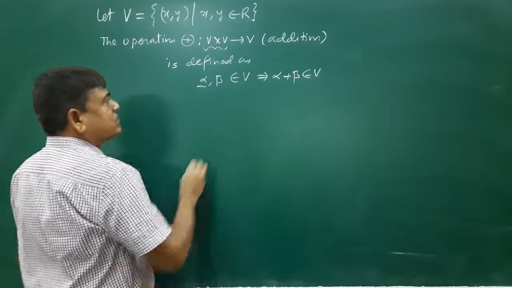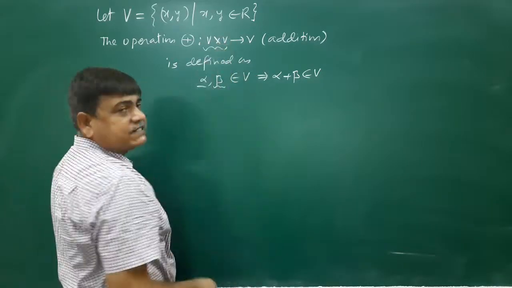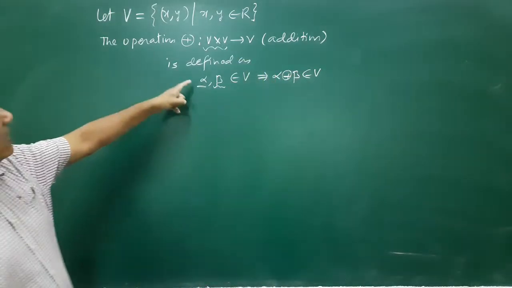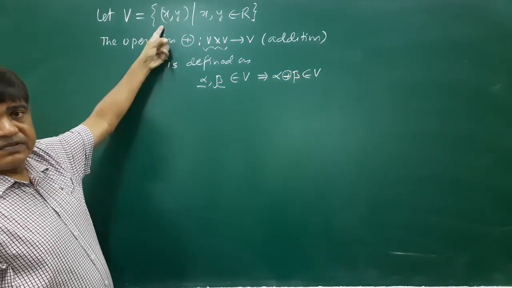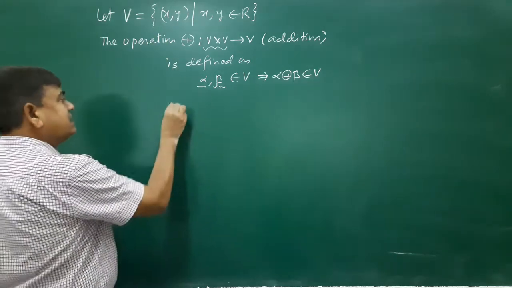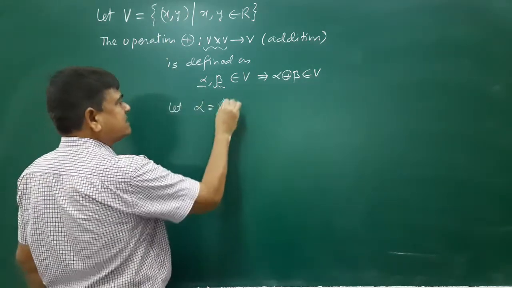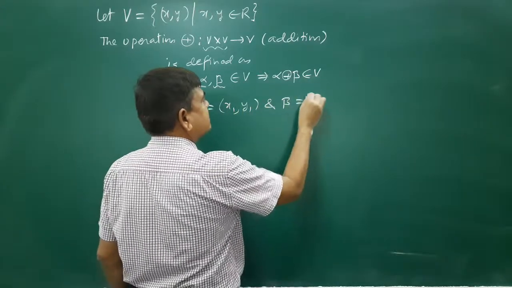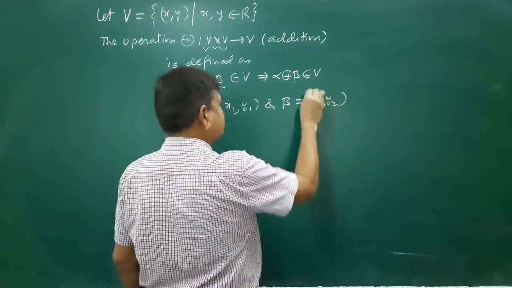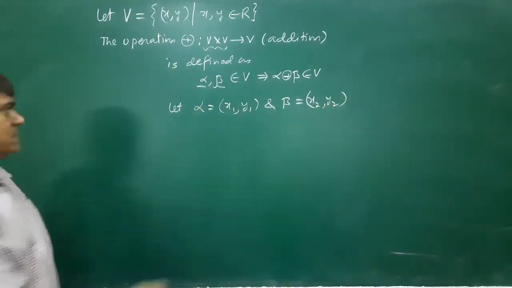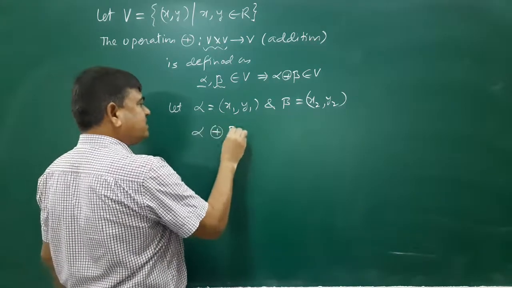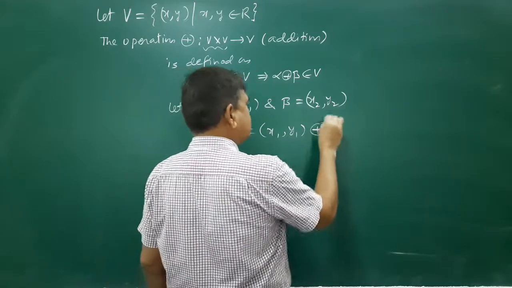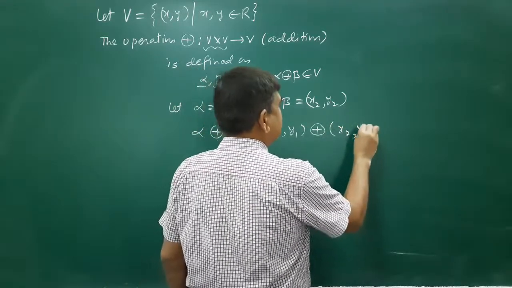Elements of this. What is beta? Elements of this. Then this is the addition here. Alpha is in terms of pair. Means that alpha is x1 comma y1 and beta is x2 comma y2. Alpha plus beta means x1 comma y1 plus x2 comma y2.